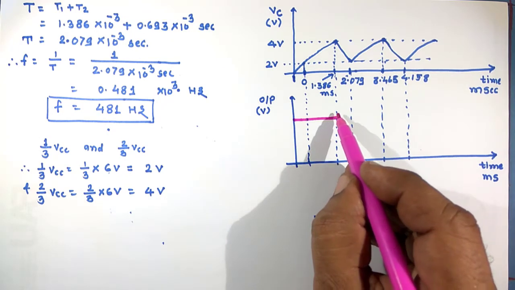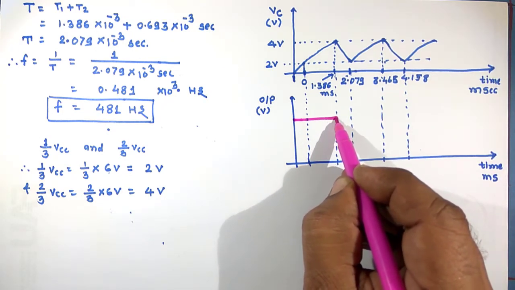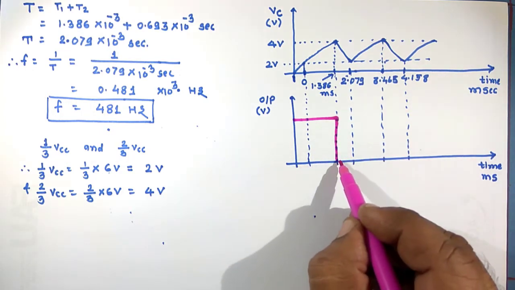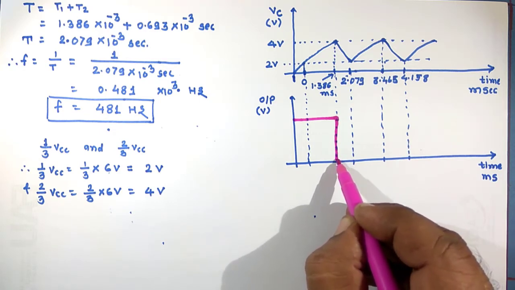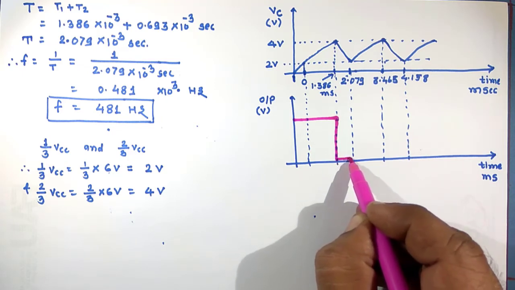At time 1.386, output becomes low, Q bar becomes high, the internal discharge transistor becomes on, capacitor discharges, and it discharges from 4 volt to 2 volt in this time. Up to this time output is 0.